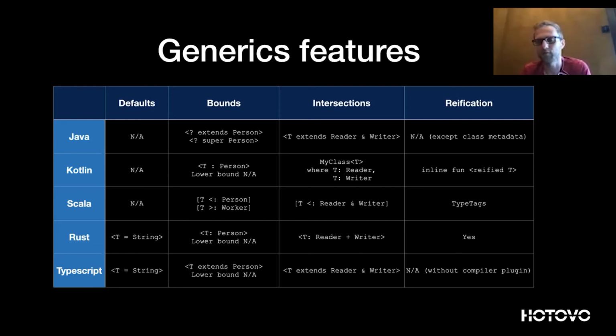So if a function is called with a string and a number, it produces two different implementations, due to Rust's need for exact memory semantics of a function. And TypeScript doesn't support reification. There's no information about types at runtime, but it's achievable with a compiler plugin.